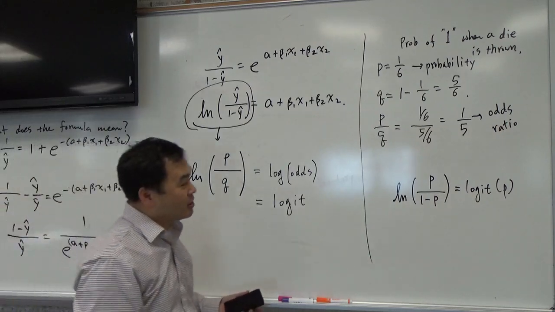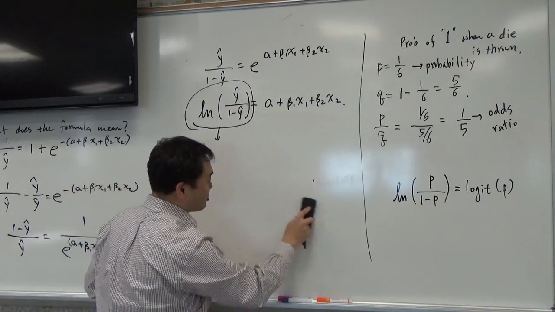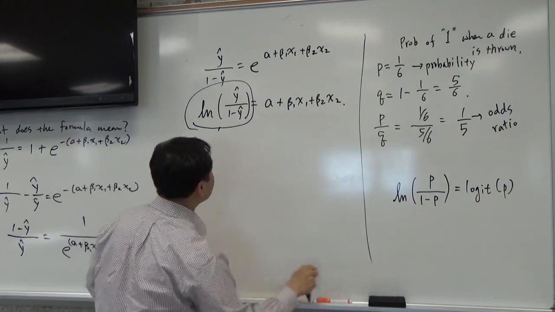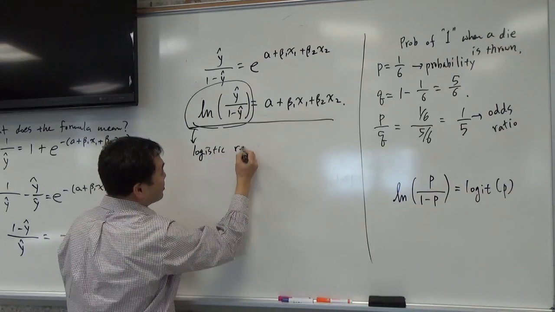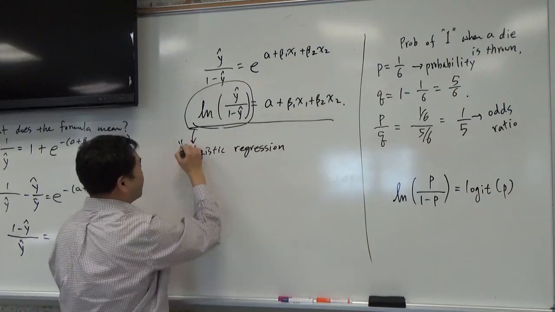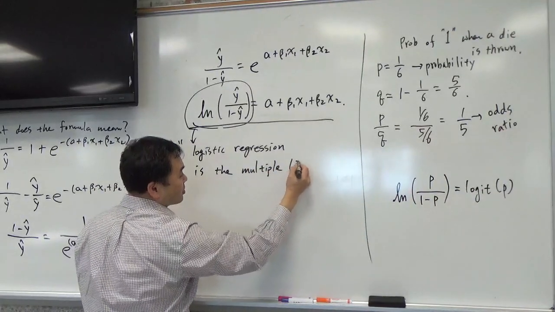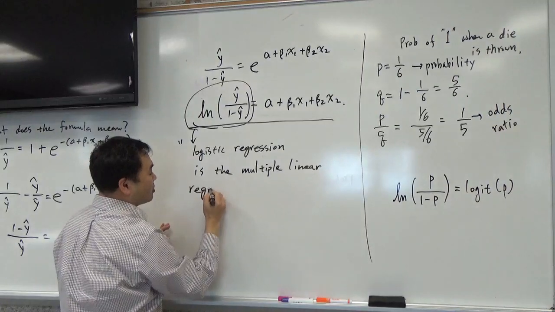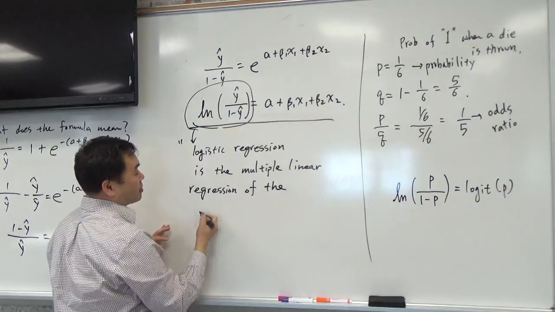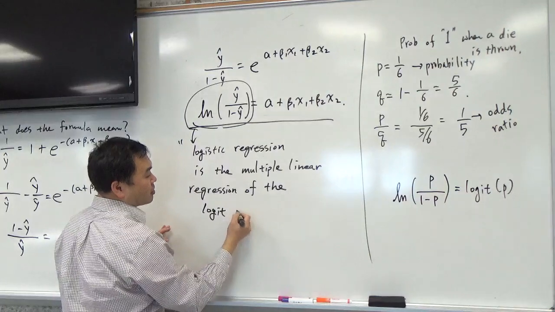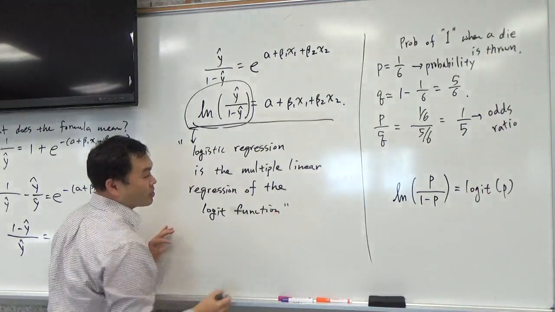The formula means that since the left side is the logit function, this formula means that logistic regression is the multiple linear regression of the logit function. That's how you can look at this.